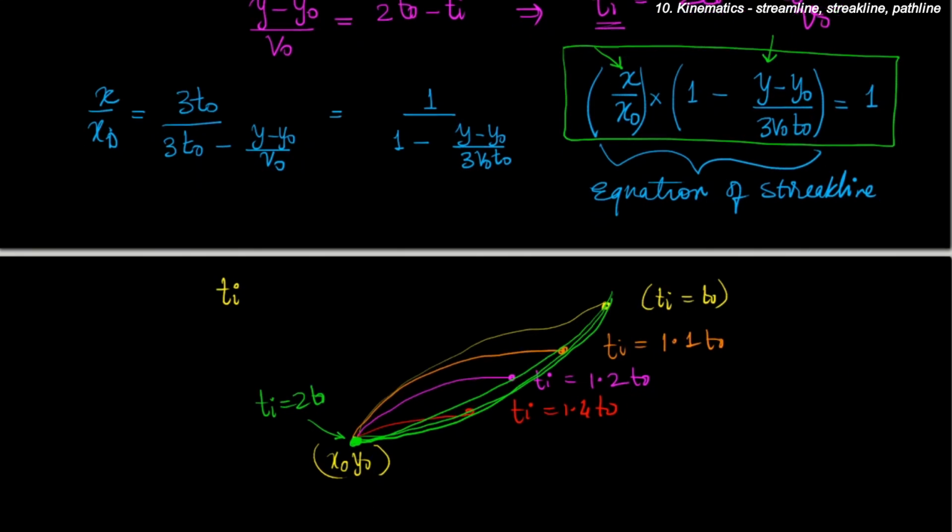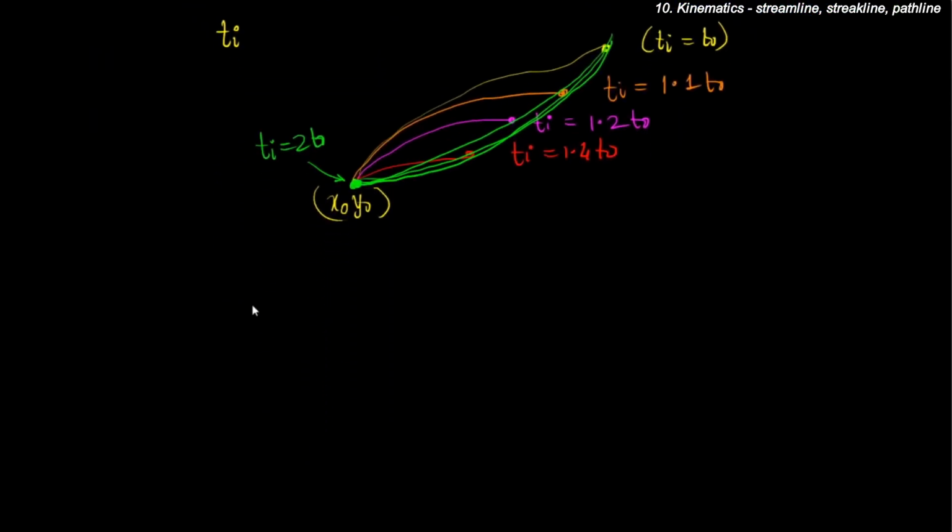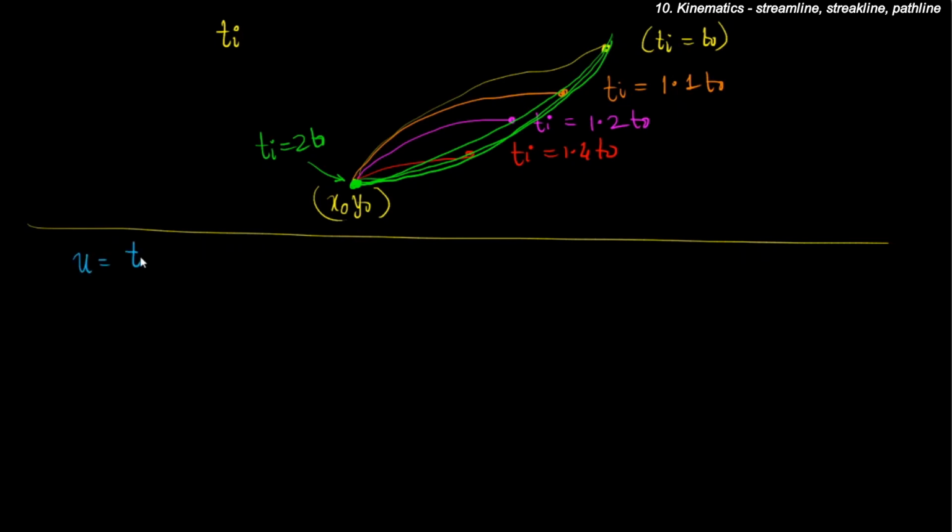Now, how is this different from a path line? Let us find out the equation of the path line, and this is something which you know very well how to do. So we have u equal to x upon t plus t naught and v equal to v naught, and we want to find out the path line for a particle injected at x0 y0, where the particle has been injected at time t equal to t0.